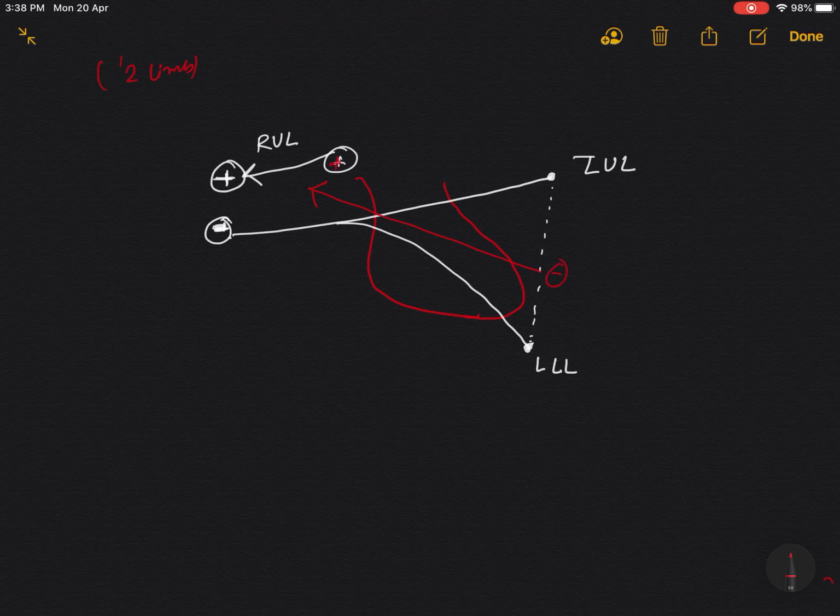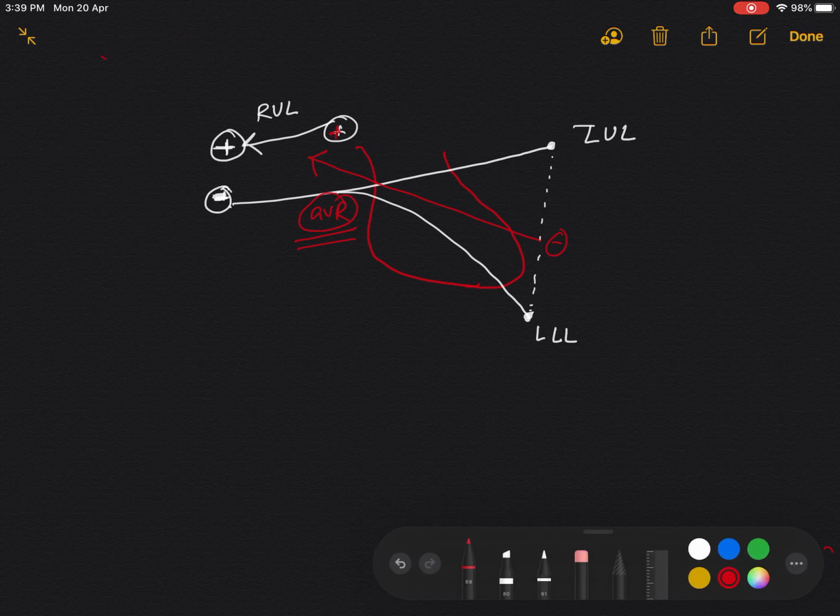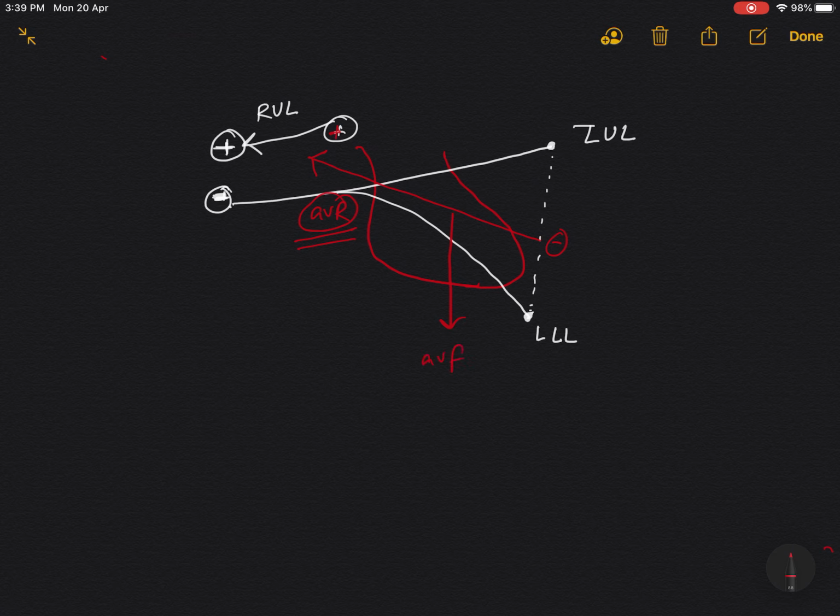This is called AVR, augmented right upper limb unipolar limb lead. Like this there are two other leads, AVF and AVL.